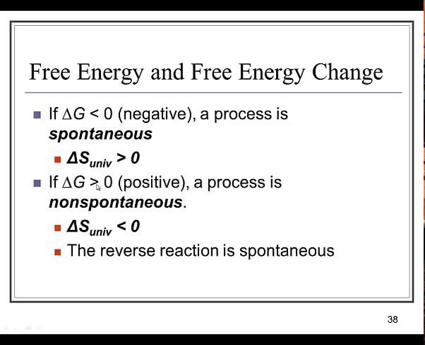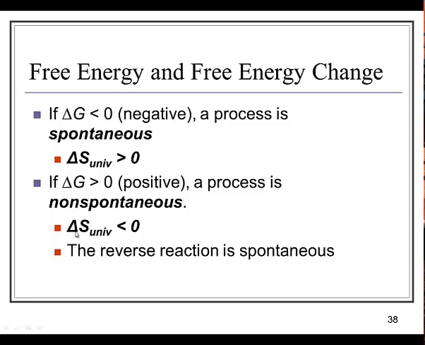If delta G is positive, a process is non-spontaneous in the forward direction because delta S for the universe in the forward direction is less than 0, and no spontaneous process can occur where the delta S of the universe is a negative value.